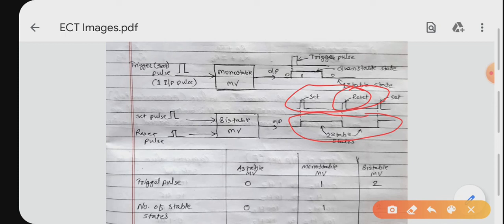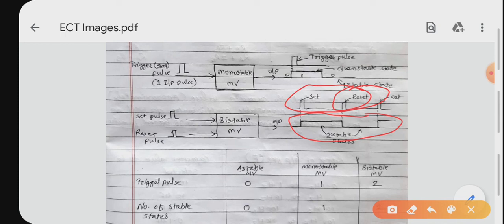That is the difference. To change the state initially, we have to apply set pulse, then the output remains into the again stable state. So there are two stable states. Initially it was stable, and after application of set pulse, it is stable again. So unless and until you apply reset pulse, it will be stable.